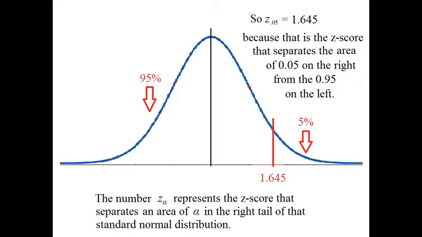So I can use the inverse normal function on my calculator to find the z-score, which turns out to be 1.645, meaning that a z-score of 1.645 separates the bottom 95% of the z-scores from the top 5%.